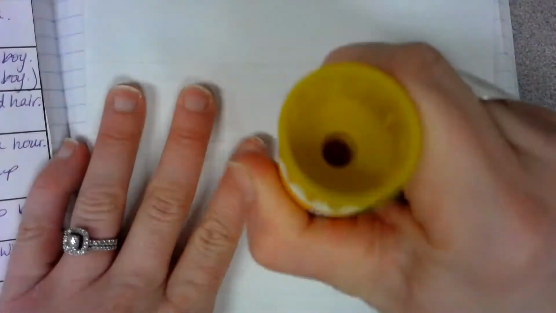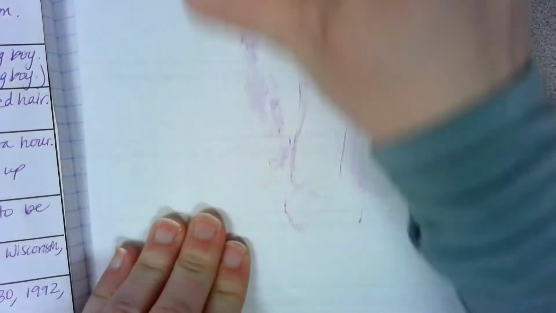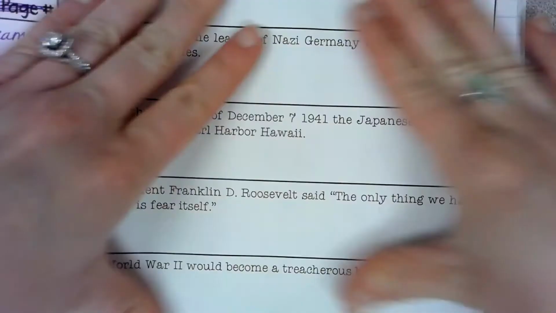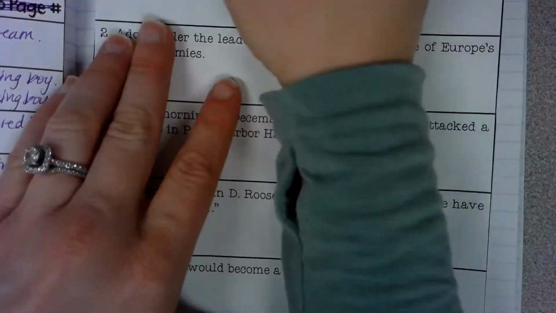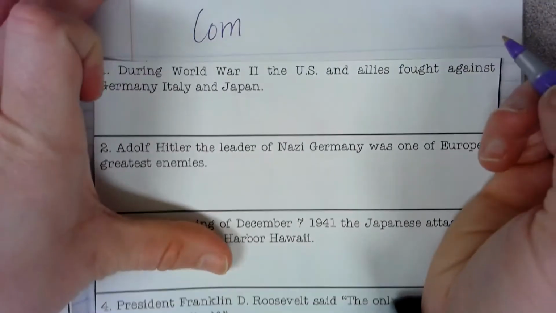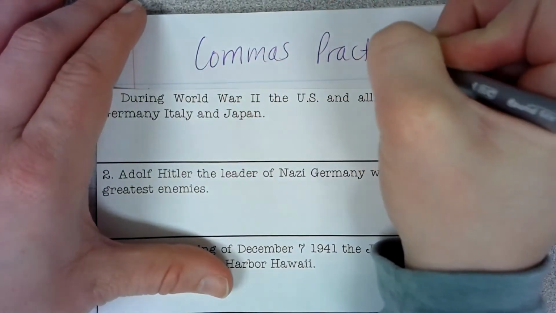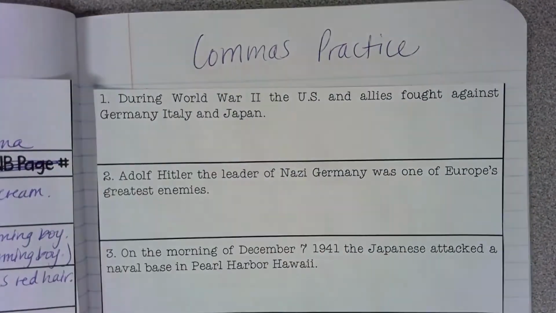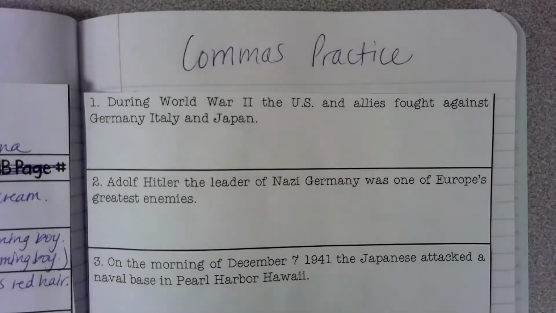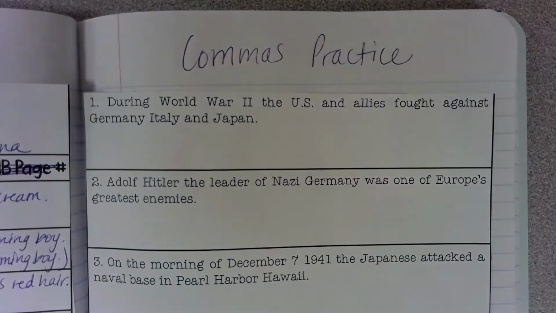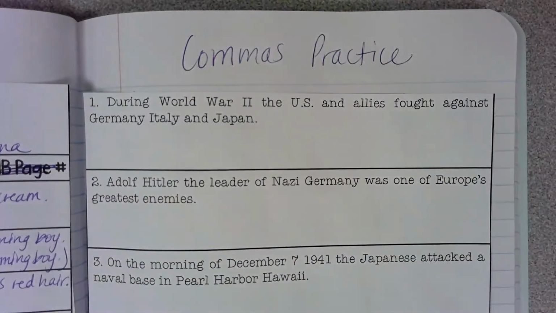So I'm going to glue this into my page here, right next to my rules. And then I'm going to label this page commas practice. Okay, so I'm going to take a highlighter or a marker and add in my commas that way so you guys can see it a little bit better.